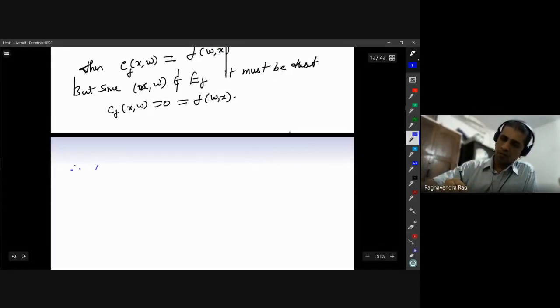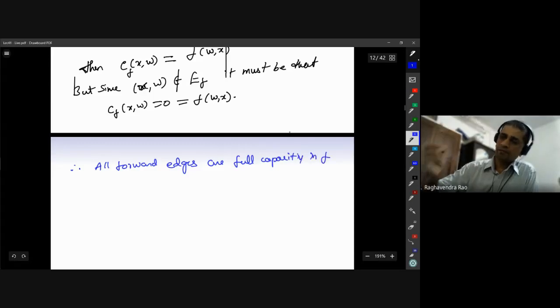So therefore, all forward edges are full capacity in F and no backward edge is assigned a non-zero flow.